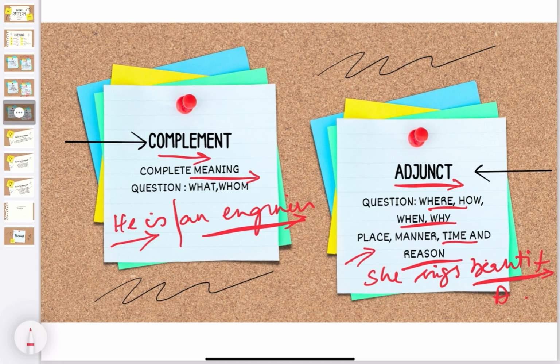So, I can give you another example for adjunct. Children ran fast. Okay, how did they run? They ran fast. Okay. So this is also an example of adjunct. In case of place, I think you would remember.